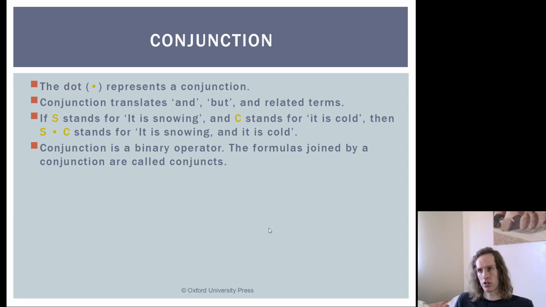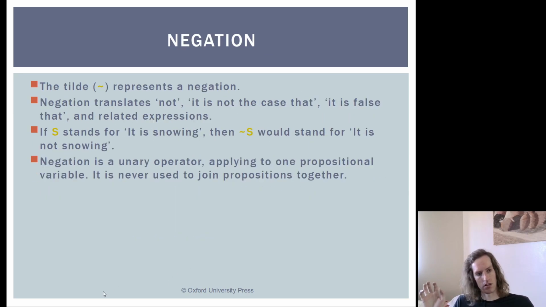Now, other than the negation, let me go back to this. Actually, this is worth talking about. So when I have not S, we'll get into this more when we talk about truth tables and so on. The thing that I am most interested in is what the value of the negation is in this case. If I know the value of S, then I know what the value of the negation is going to be.